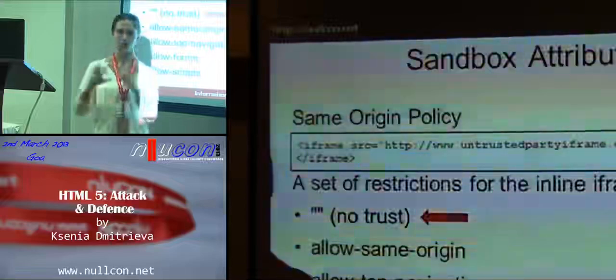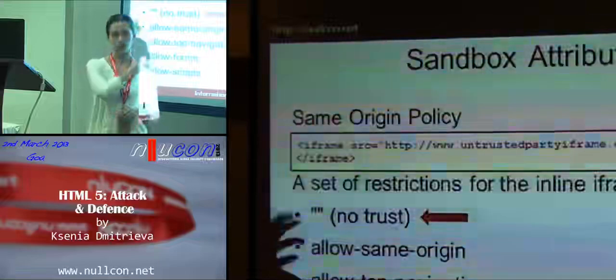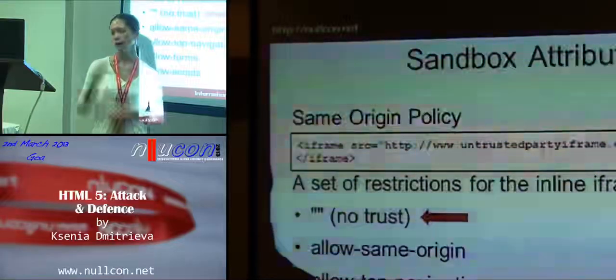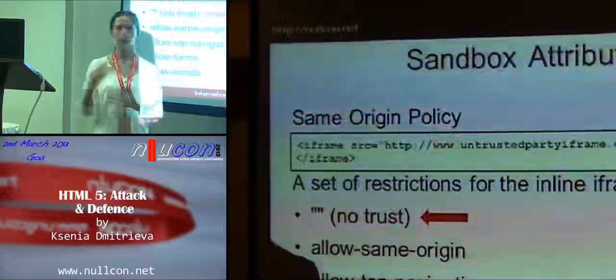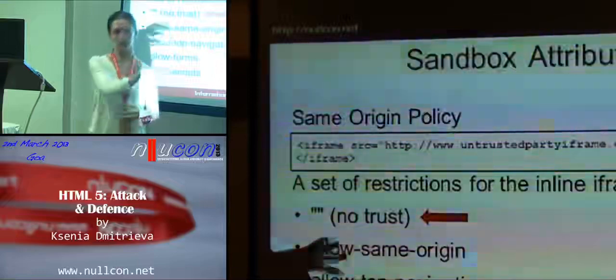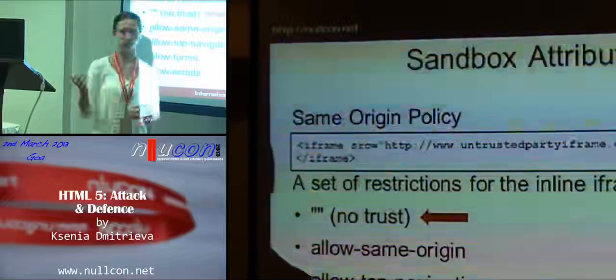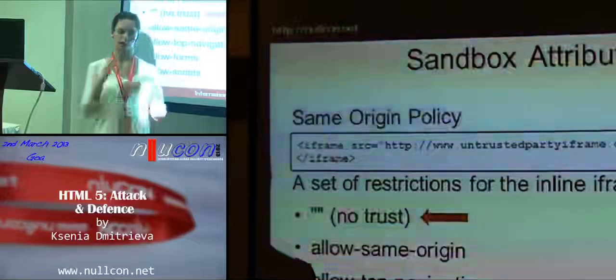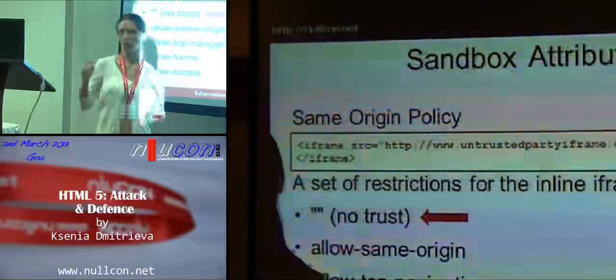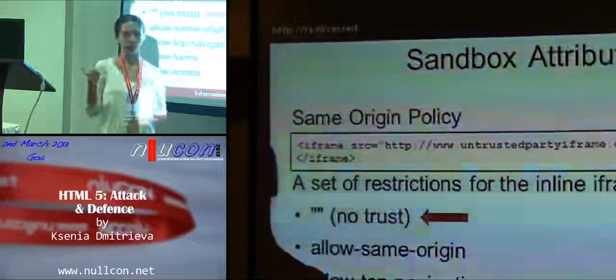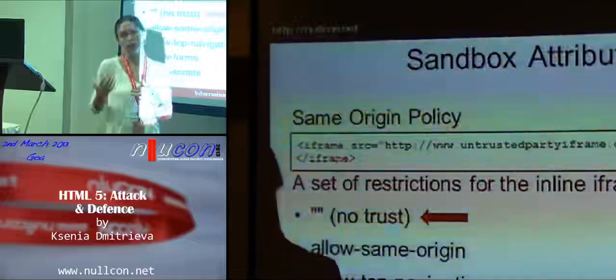That means it can change the parent document's URL. You can allow forms and allow scripts. So if you set just allow-forms, it can submit the forms, but it still cannot access the DOM. If you say allow-scripts, again, it cannot access the DOM, but it can run some JavaScript and do some internal processing. But think about it, if you allow scripts, that means that JavaScript can actually submit forms as well.